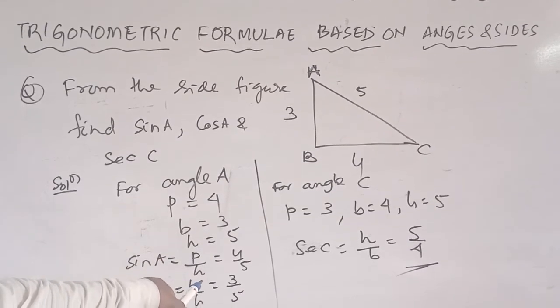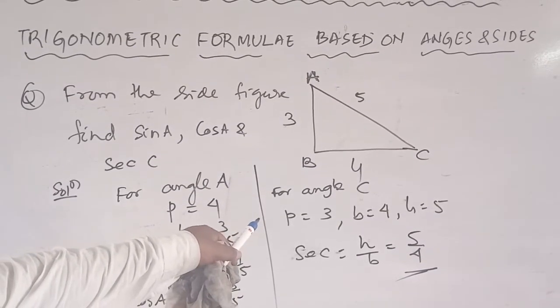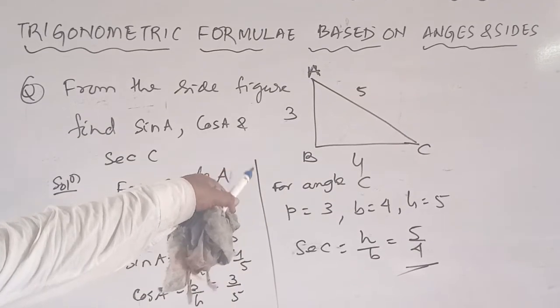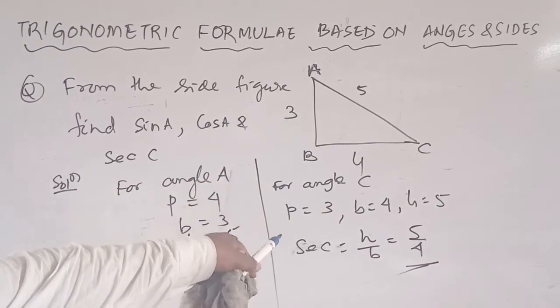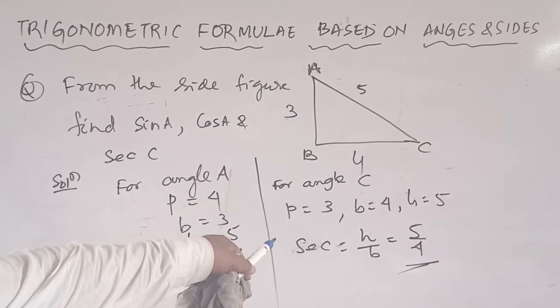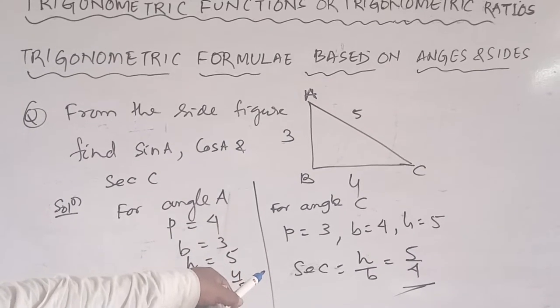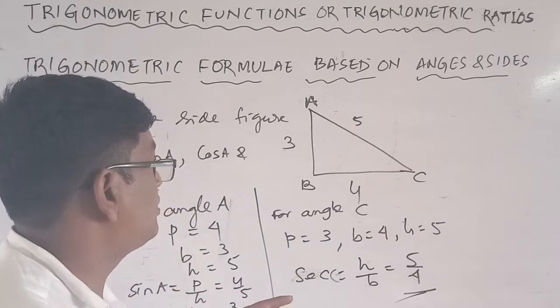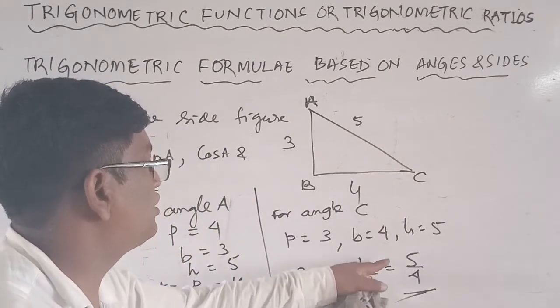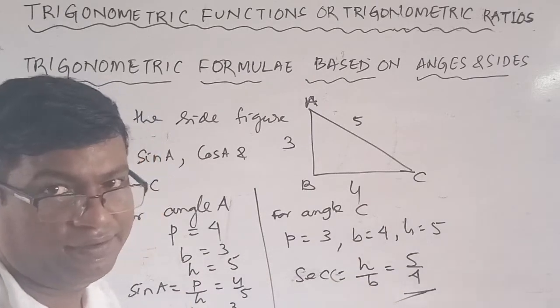Cos A is equal to B by H, that is 3 by 5. For angle C, P is the opposite side, that is 3, B is the linked side, that is 4, and H is equal to 5. So sec C is equal to H by B, that is 5 by 4.